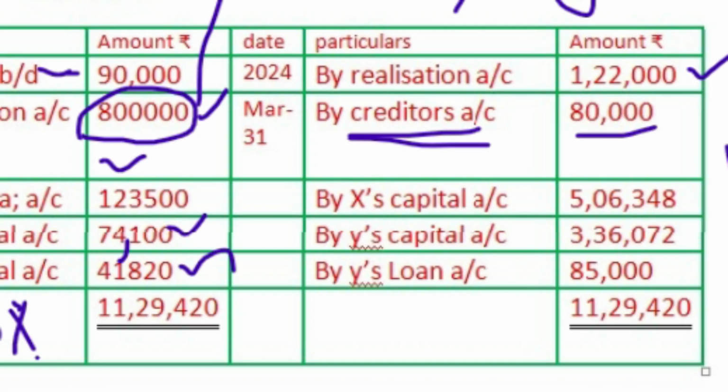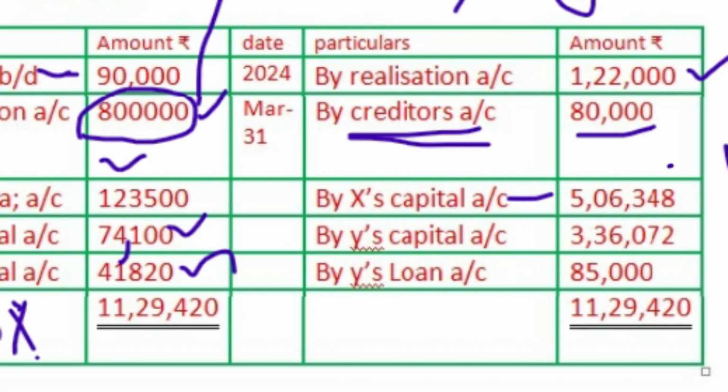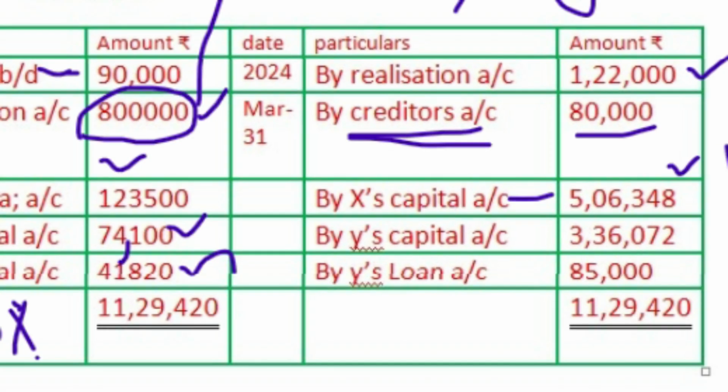And X's capital account, they have taken 5,06,348, that is through the bank account. It is shown on the debit side of the partners' capital account.